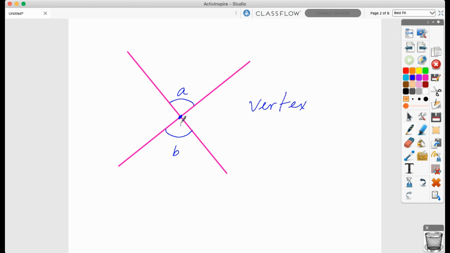That's super important because if you have an angle on one side of the vertex, and with the same two lines you create an angle on the other side of the vertex, and they have to be opposite one another, those two angles have a relationship to each other. Those are called vertical angles.